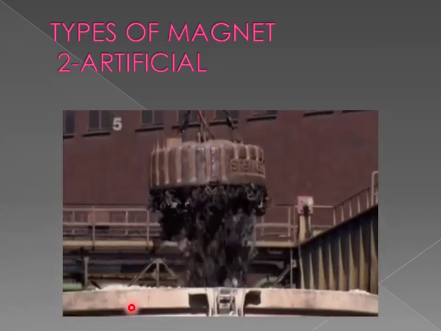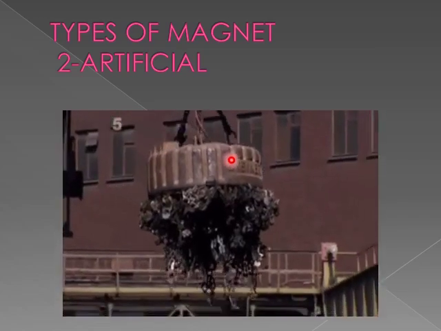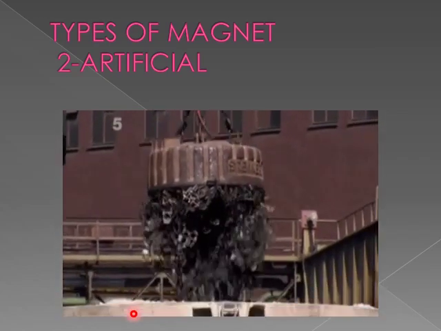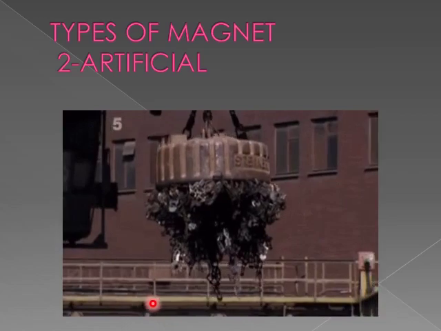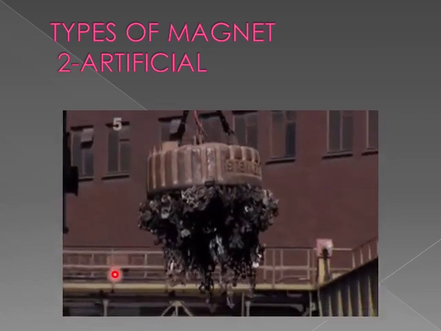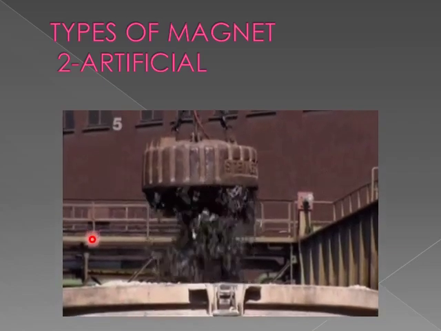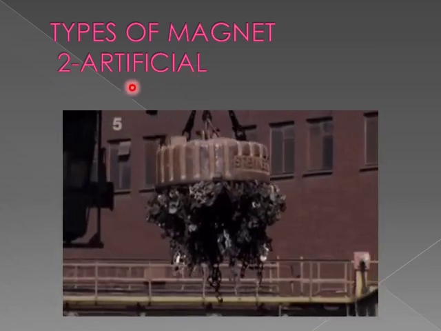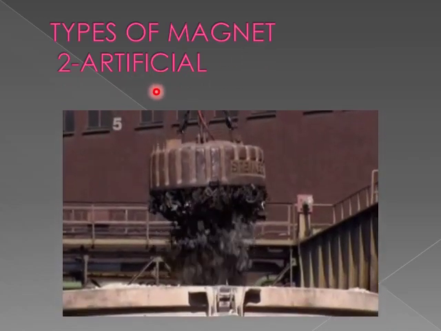But here is the electromagnet, which is also an artificial magnet. It is made by a coil of wire wound around an iron rod. So my dear students, the second type of magnet is called artificial magnet.